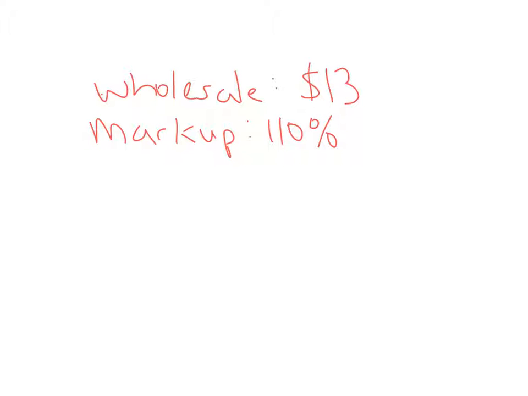In this problem, the wholesale price of something is $13 and the percent markup is 110%. Again, we're going to set it up exactly like we did in the previous one. 110 over 100 is equal to x over 13, because 13 goes on the bottom as the original price. That's the 100% price.